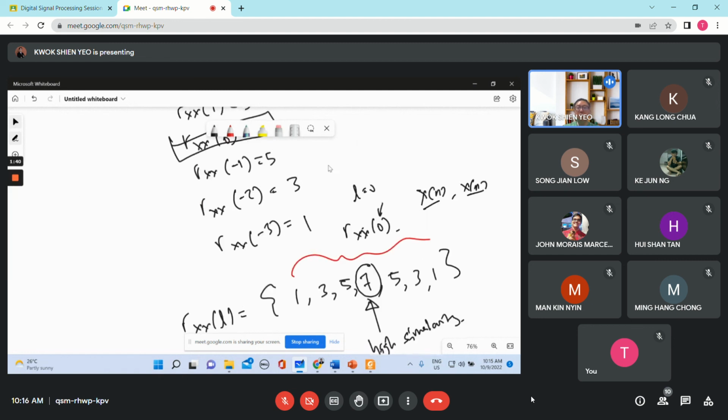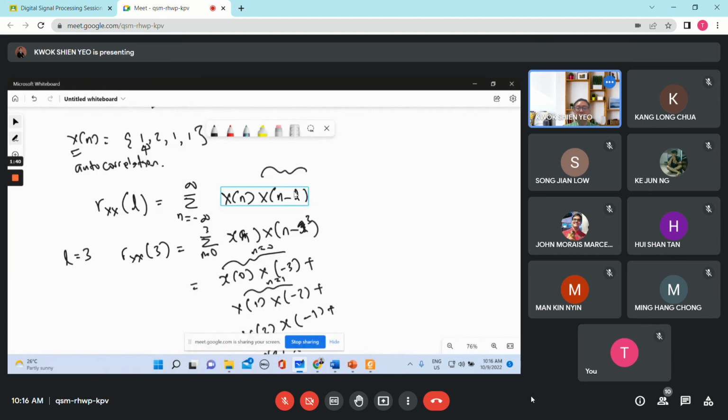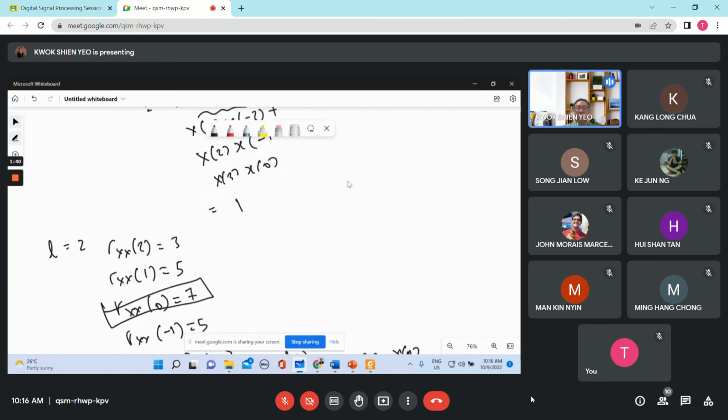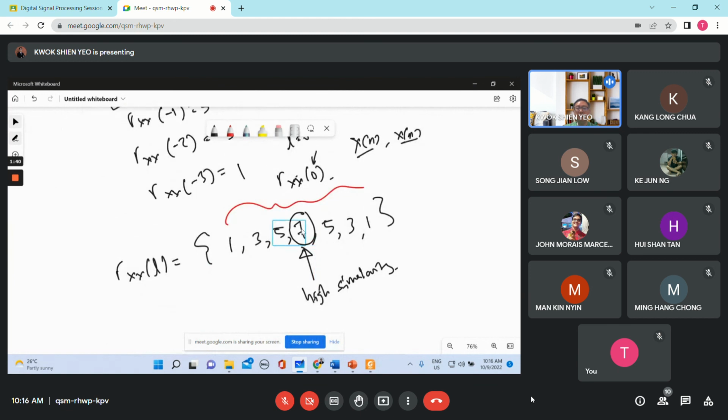L equals 0 means, according to the equation, there is no shifting. So you see the equation is here, minus L. If L is 0, then xn multiplies xn, so that's the highest number. So there's a high similarity at L equals 0.